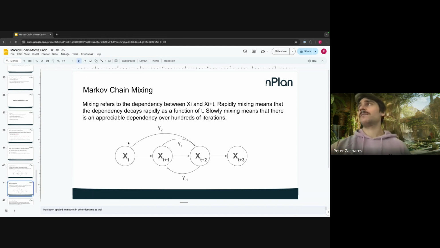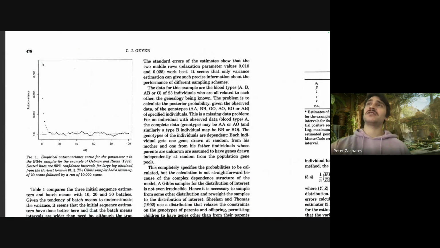If we look back at this, this is a good example of rapidly mixing, where you see an exponential decay in the autocovariance as the step size increases.